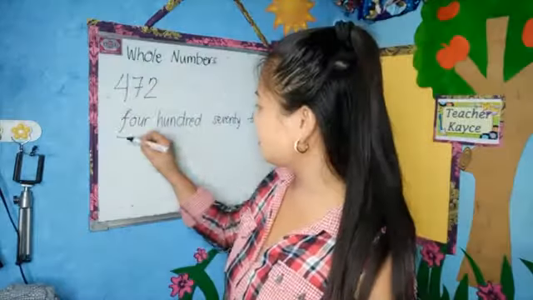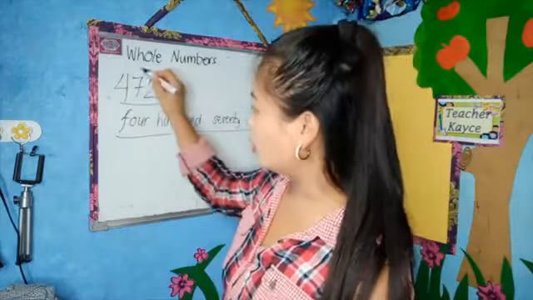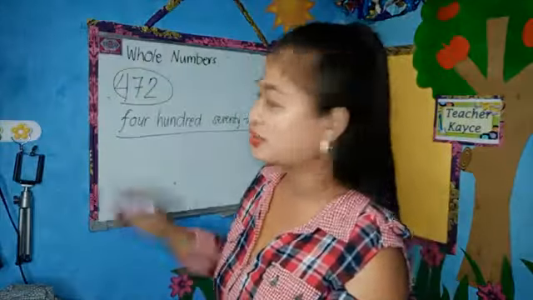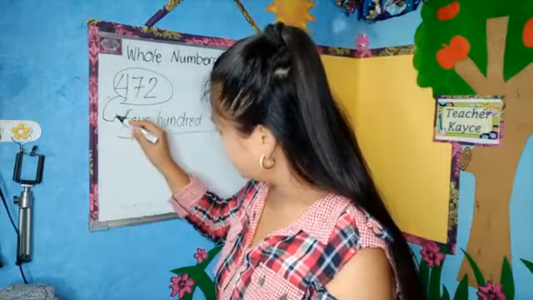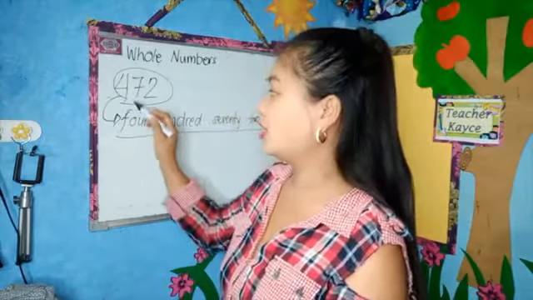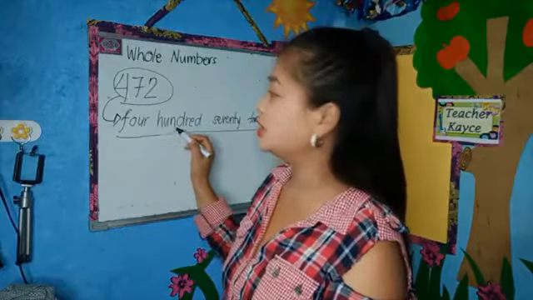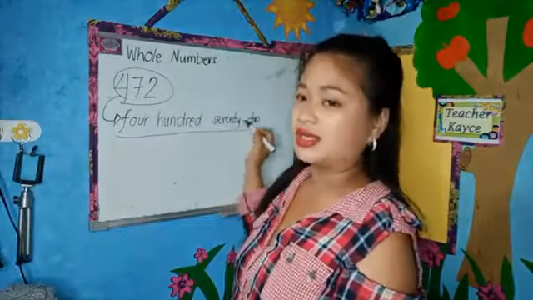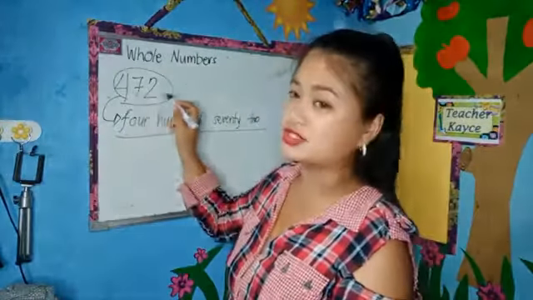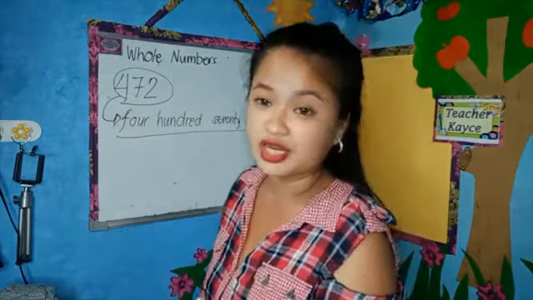So this is considered your whole number. If we are going to write it, 400 gets its place value, 70, and then 2. 472.